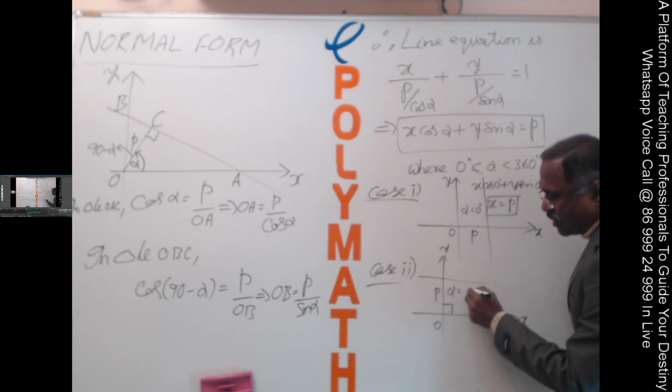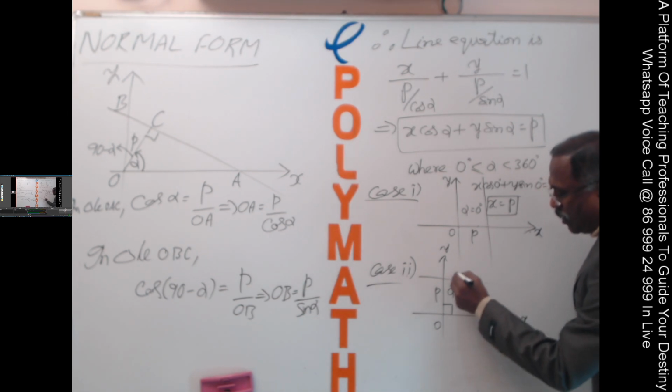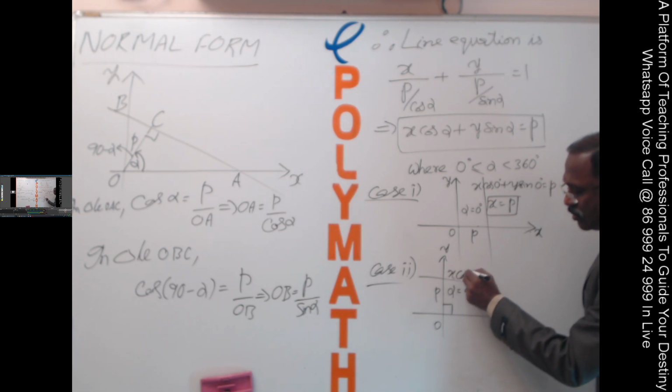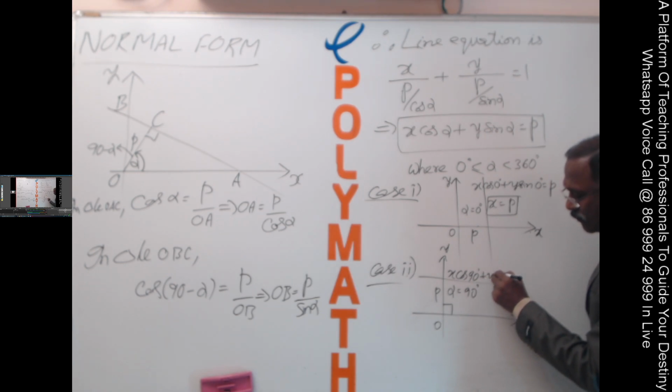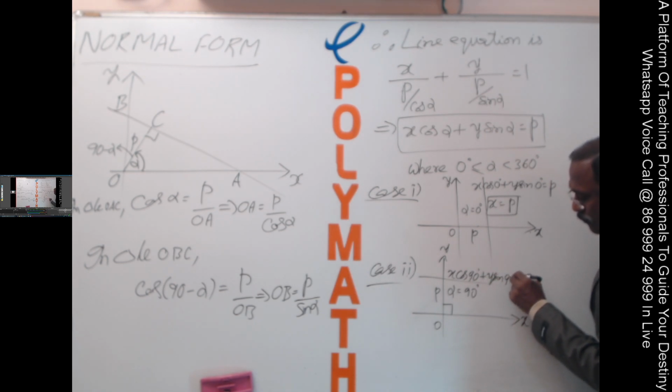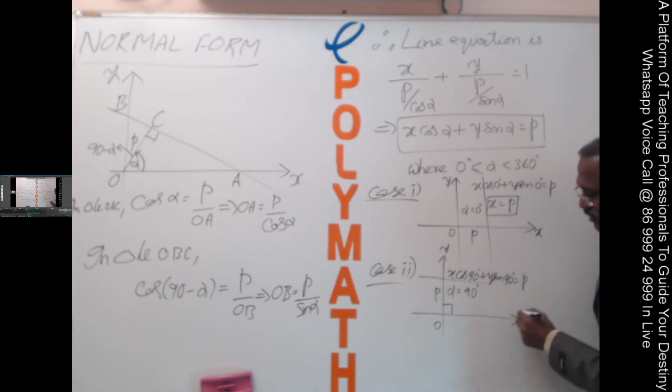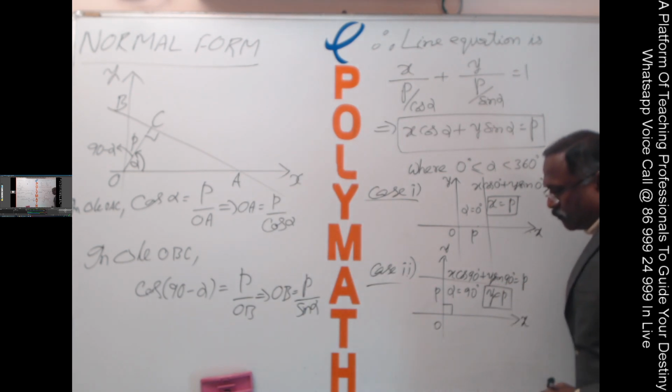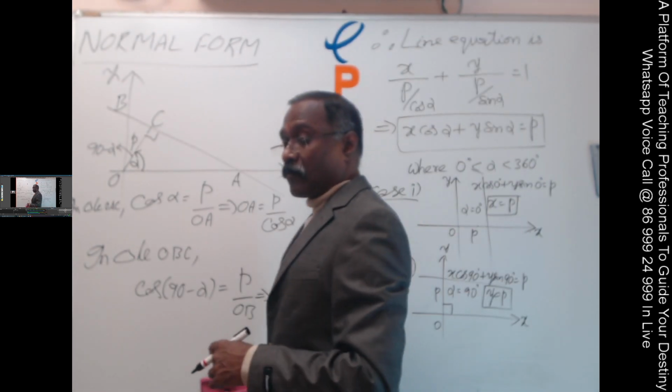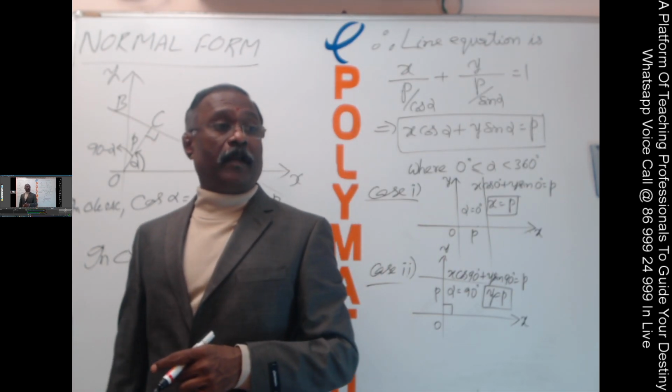Here alpha is 90 degrees. Now let us write x cos 90 plus y sin 90 is equal to p, which is nothing but y is equal to p.